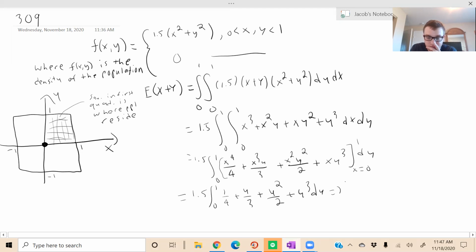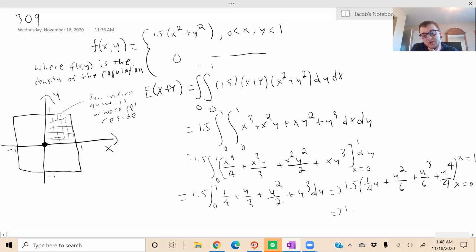Then this implies 1.5 times 1/4 y plus y squared over 6 plus y cubed over 6 plus y to the 4th over 4, evaluated from 0 to 1.